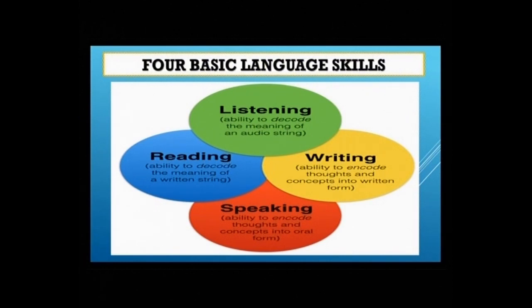That is reading. And the last one is writing. It is an ability to encode thoughts and concepts into written form. We try to express our ideas through written form.